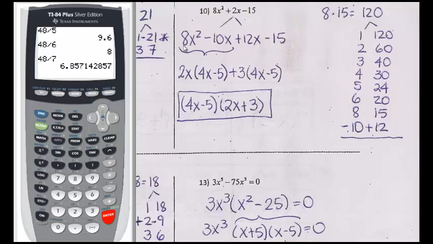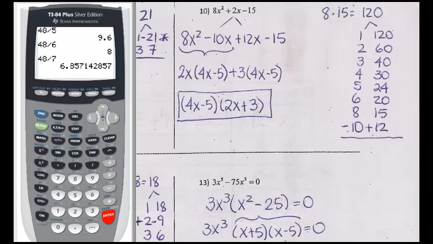Very similar. Multiply 8 times 15. You get 120. Make a list of numbers that give me 120. Once you have that list, look for the middle term and look for a pair of numbers that when added or subtracted gives you a 2. In this case it would be 10 and 12. Make sure the signs work.